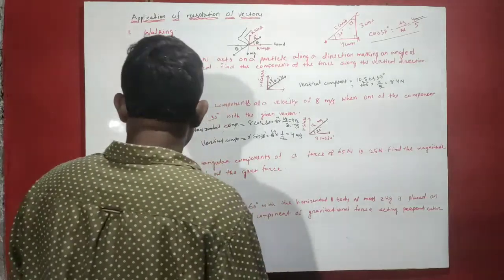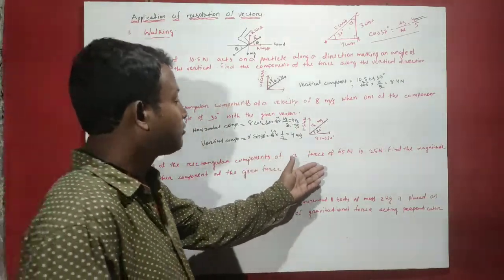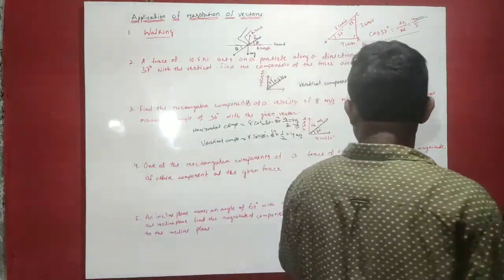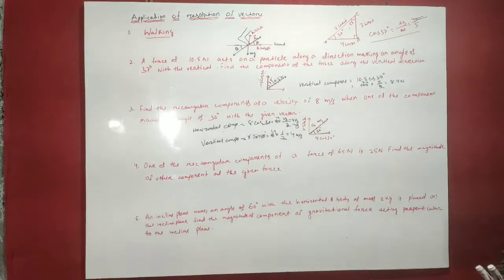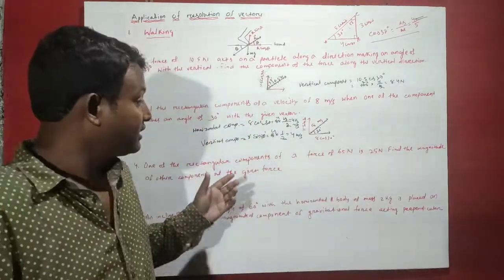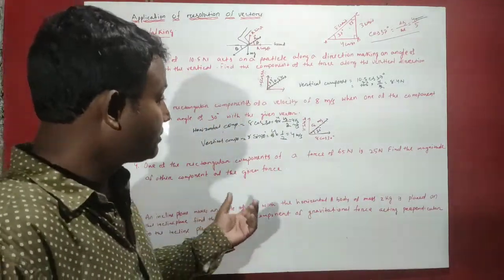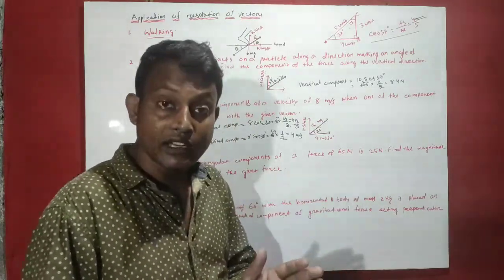Next, number 4. One of the rectangular components of a force 65 Newton is 25 Newton. Find the magnitude of the other component of the given vector. That means here the vector and its one component are given.